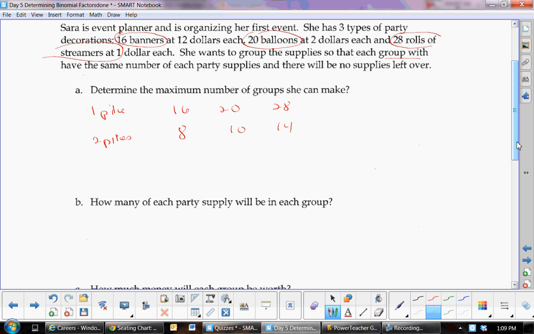Or you could have 4 piles. And if there's 4 piles, 4, 5, and 7. Could you have any more piles than that? Now, you may not realize this, but okay, that's if there's one pile.